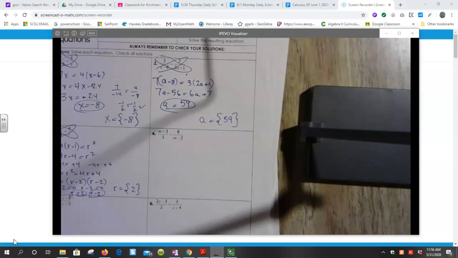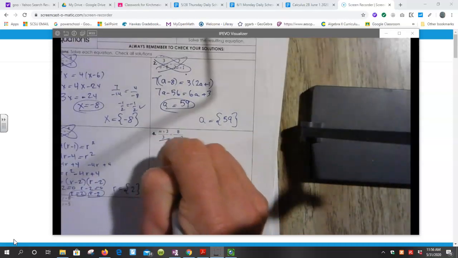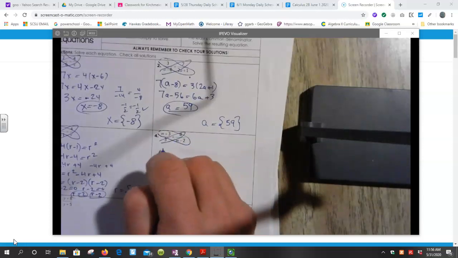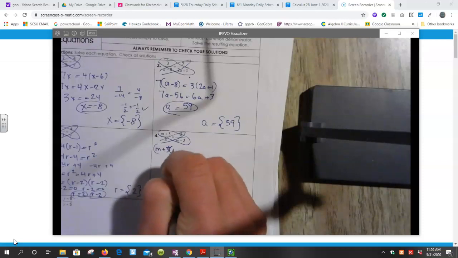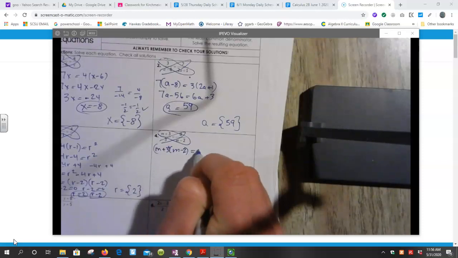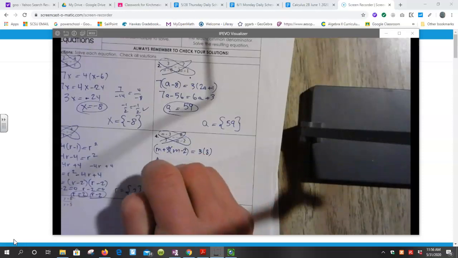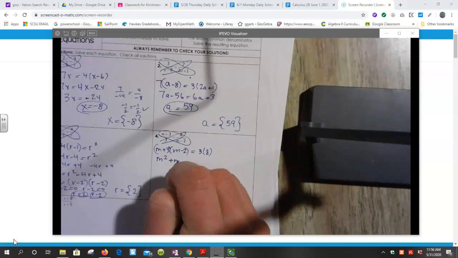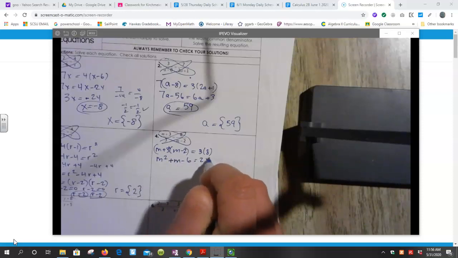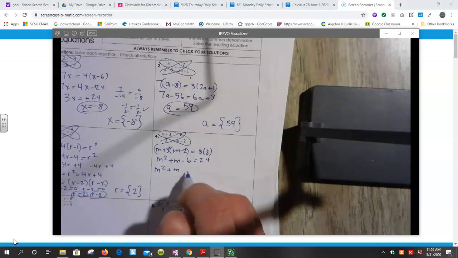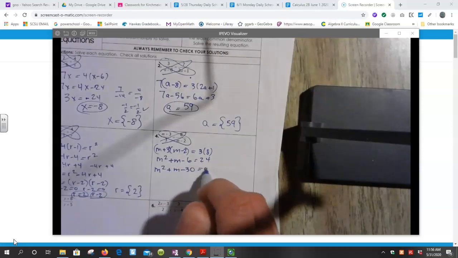Okay. So we try our cross products here, as long as m doesn't equal 2. Let's see what happens. And what are we going to get? We're going to get m plus 3 times m minus 2 equals 3 times 8. So we're going to get m squared plus m minus 6 is equal to 24. Subtract that 24, and we get m squared plus m minus 30 equals 0.